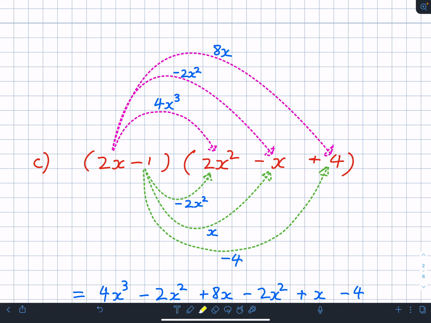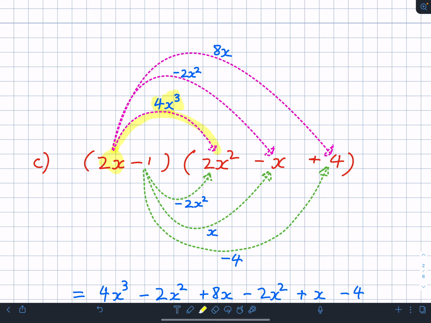Question C is 2x minus 1 in brackets multiplied by 2x squared minus x plus 4 in brackets. So we want to multiply 2x by 2x squared. That gives us 2 times 2 is 4, and x times x squared gives us x to the power of 3.